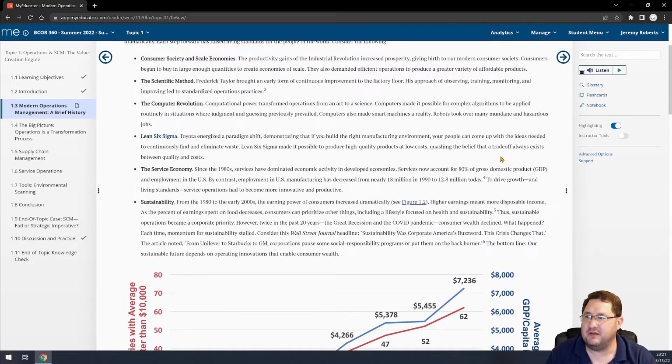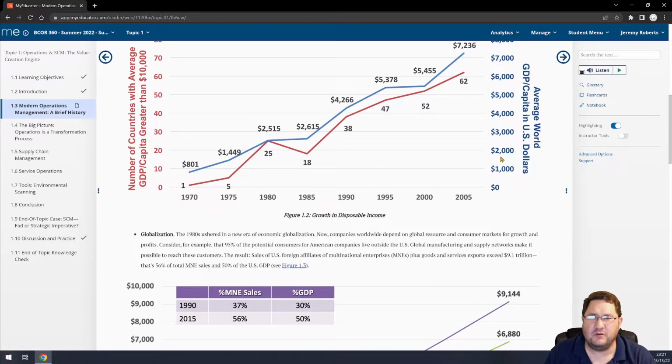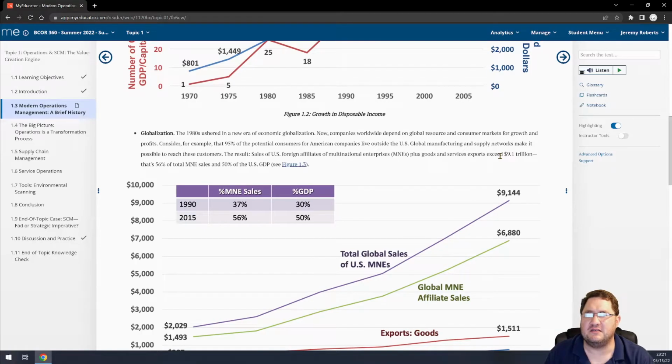Some charts, but globalization, the world is getting smaller because of the transportation methods we have nowadays. It's nothing to have, let's say, a shipment done by air, and in 24 hours it's in the United States. It's nothing.